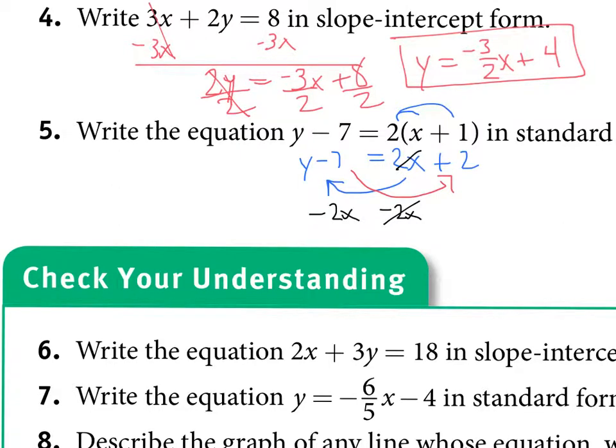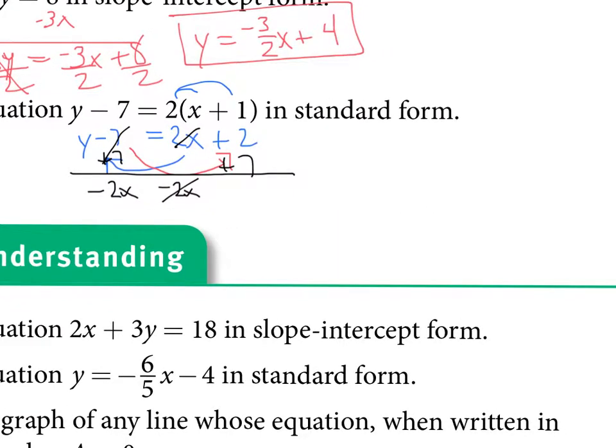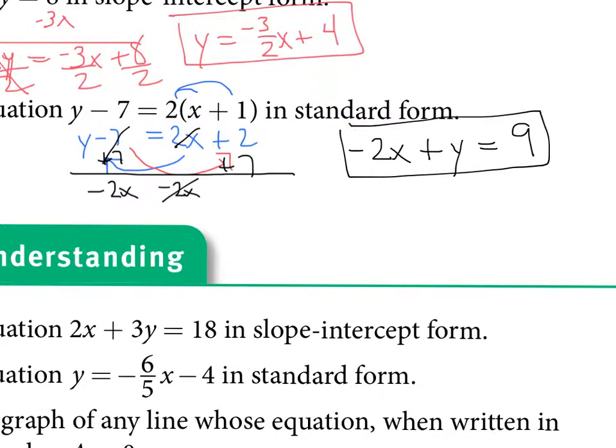And then over here, I'm going to add 7 and add 7. Those will cancel. So now remember in standard form the x comes first. So I'm going to write the x first. I'm going to have negative 2x on this side, then plus y equals 7 plus 2 is 9. And that's now back in standard form.